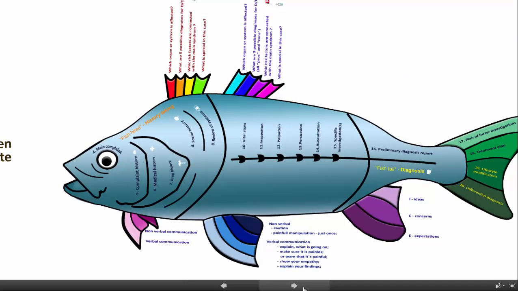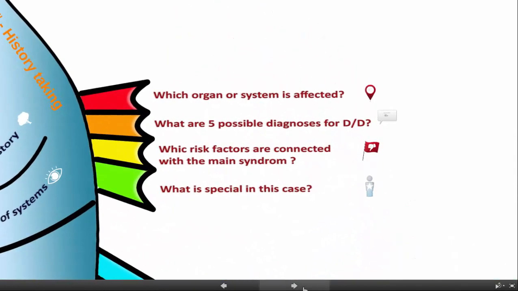As soon as you are done with communication skills, we are coming to a very important part of the history taking, which are the four upper fins on the head of the fish. We usually ask ourselves in the end, and we ask you to ask yourselves, 4 questions in the end of each history taking. First, which organ or system is affected?